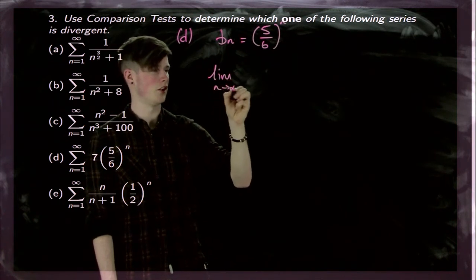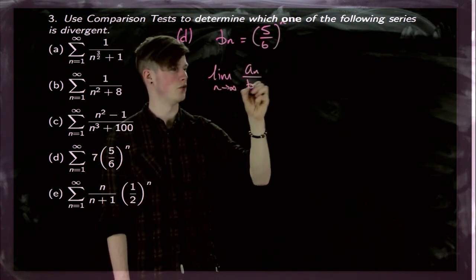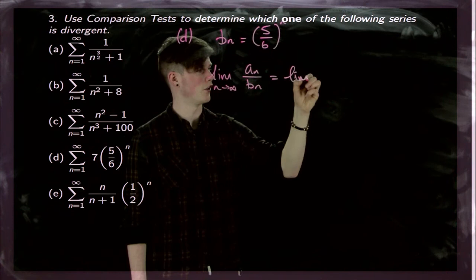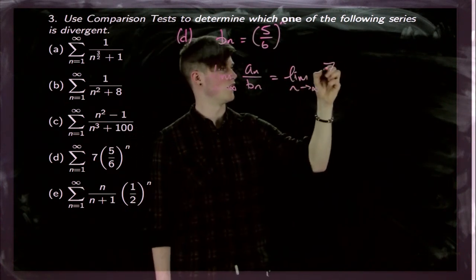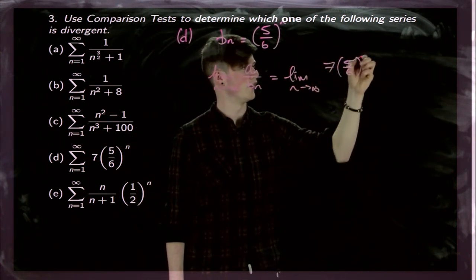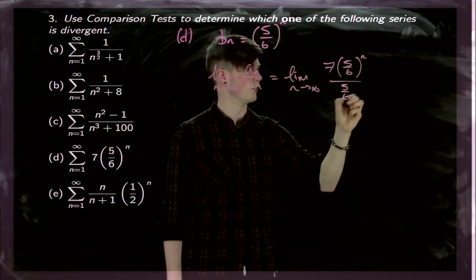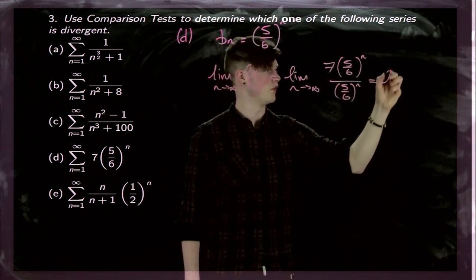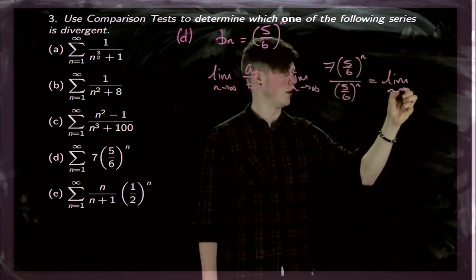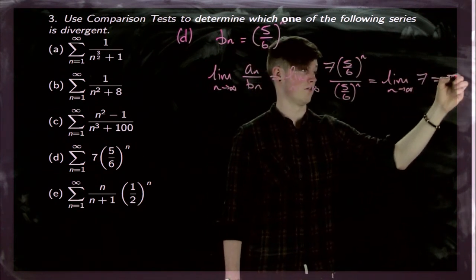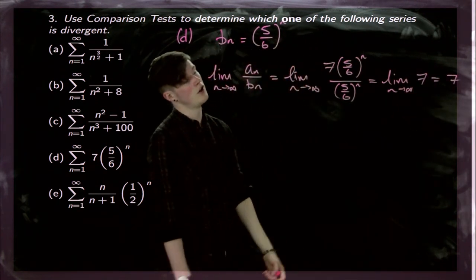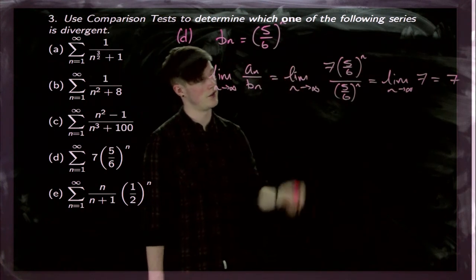The limit as n goes to infinity of a_n over b_n, in our case, is going to be 7 times (5 over 6) to the n over (5 over 6) to the n, which is just the limit as n goes to infinity of 7, which is just 7. Okay? So we've got a positive constant.